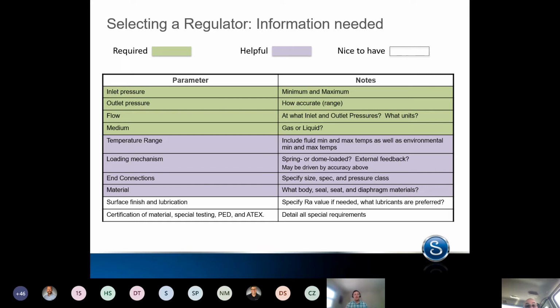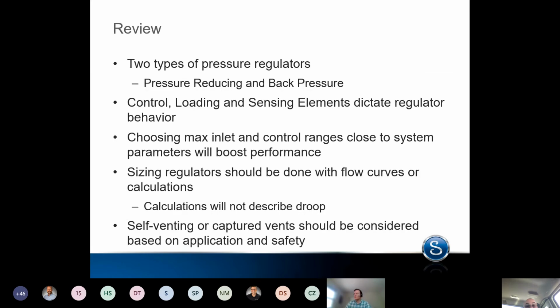You have to have a flow in mind, or at least a range. Maybe we don't know exactly what it is, but it's in this range. And then clearly you need to know what you're flowing. Is it a gas? Is it a liquid? Is it hazardous?